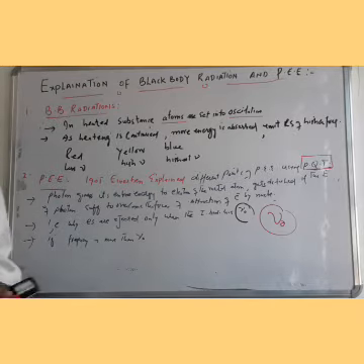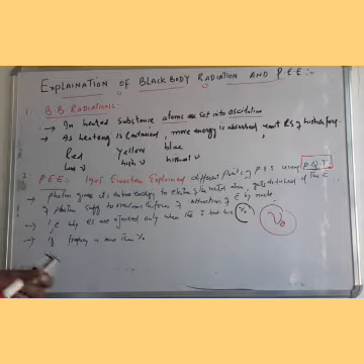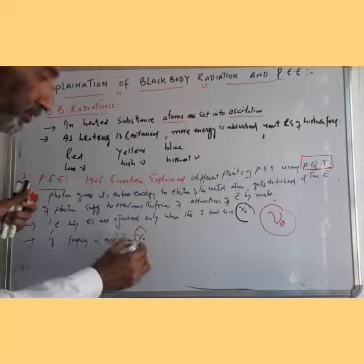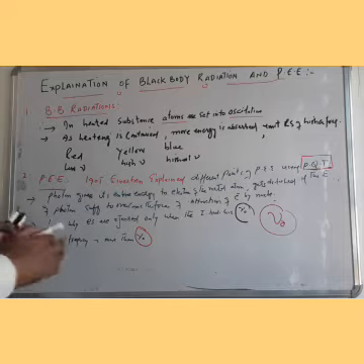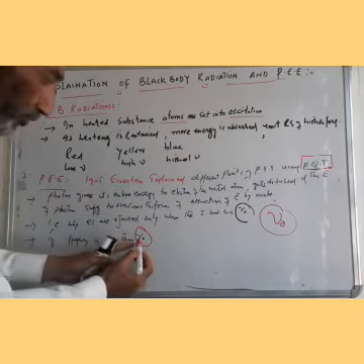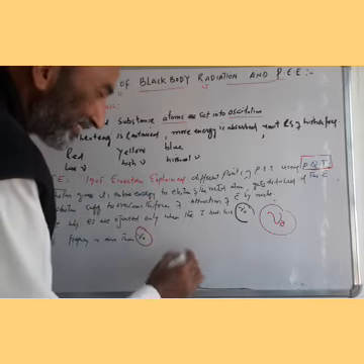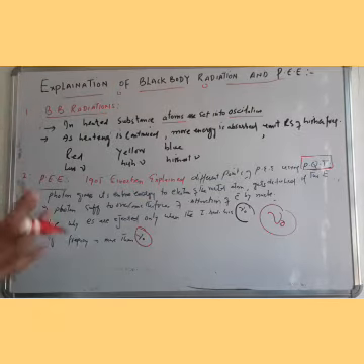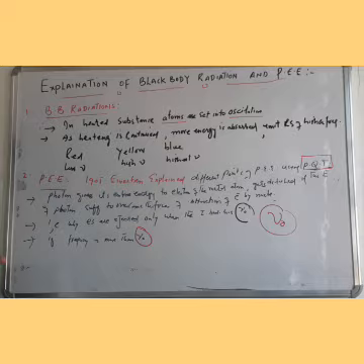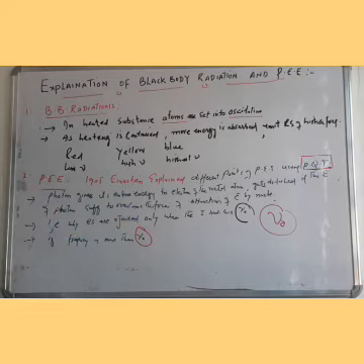If the frequency of the radiation which strikes the metal surface is more than the threshold frequency nu zero, the excess energy is imparted to the electron as kinetic energy, thereby increasing its velocity. More the kinetic energy, more the velocity.